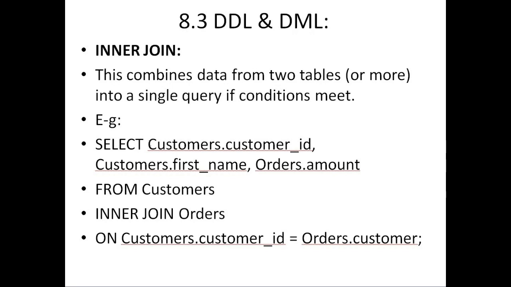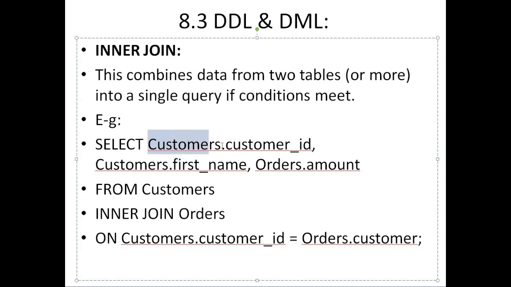Anyways, you can write an inner join query like this: select customers.customer ID. Now whenever you are writing an inner join query, after select you always write the table name first, then a period or full stop or dot, and then the field name that you want to use. Then you write a comma, and then the second field and the third, and so on.